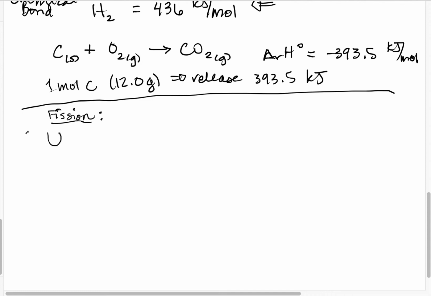So we had some U-235, which is one of the isotopes of uranium, and Hahn was bombarding the uranium with neutrons. Neutrons have a mass of 1 and no charge.